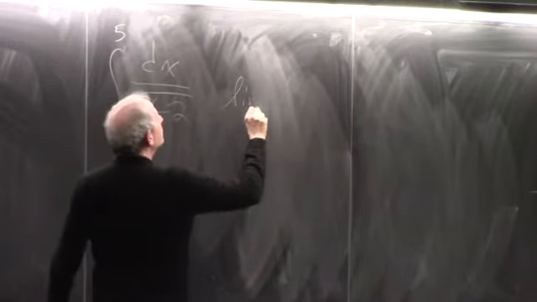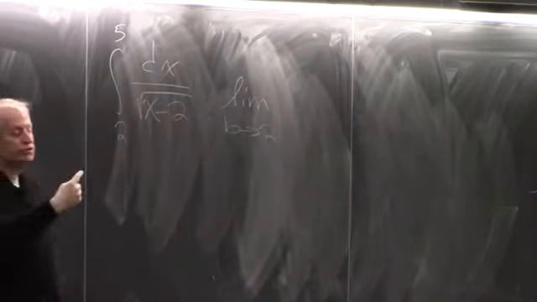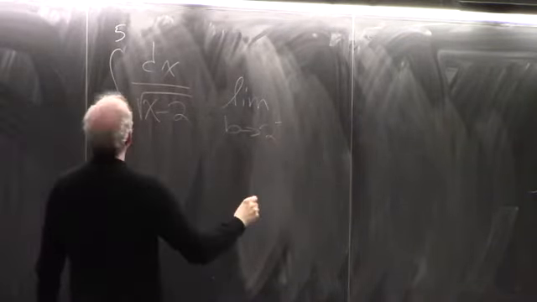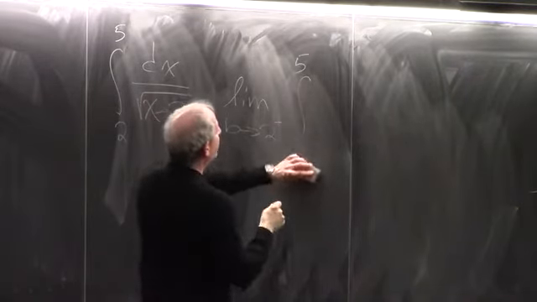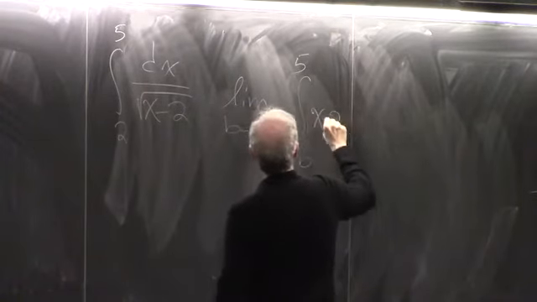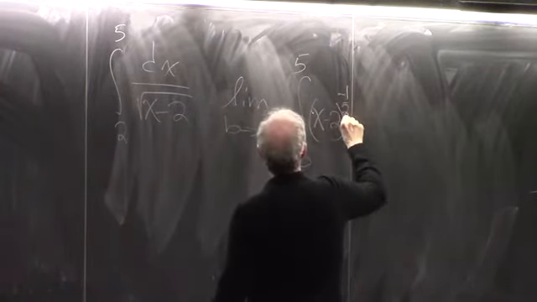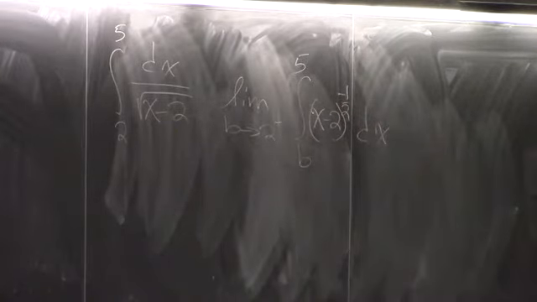We do the limit as b approaches 2 from the positive side of the integral from b to 5 of x minus 2 to the minus a half dx, because 1 over the square root is to the minus a half.